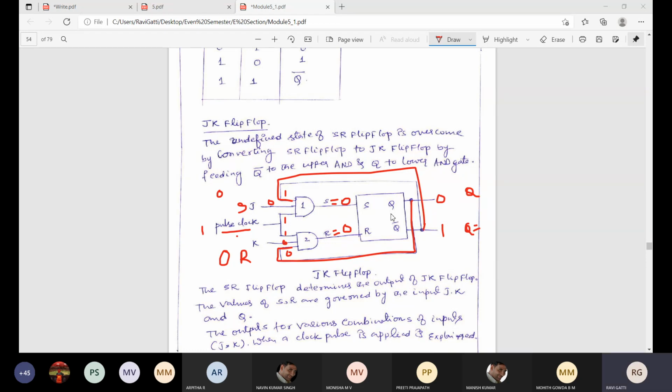Defined. When S is equal to 0 and R is equal to 0. Yes, Arpita? Yes.